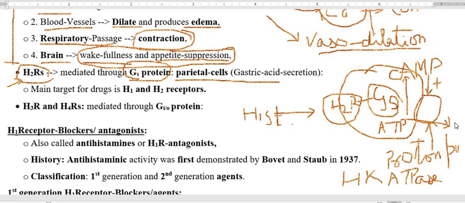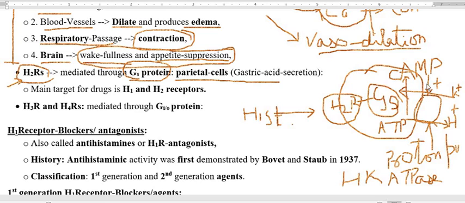So hydrogen ion is going to move out, and potassium ion is going to move inside from outside. So this is the function of this enzyme or proton pump: hydrogen ion, potassium ion, ATPase.